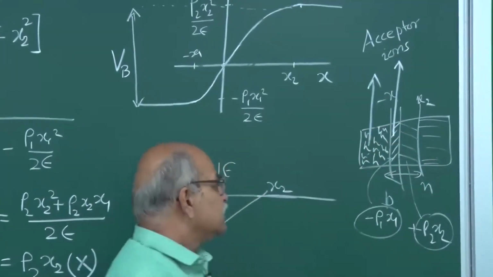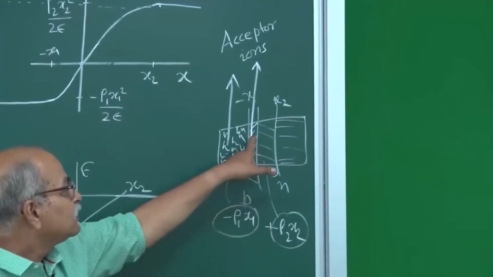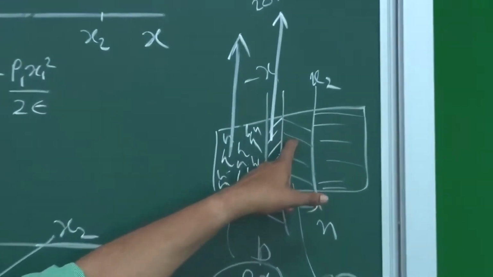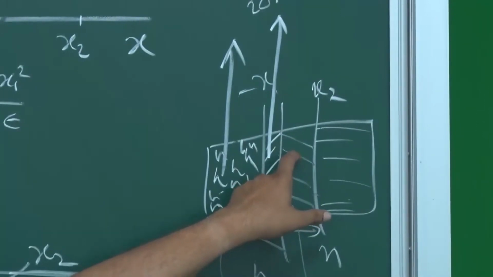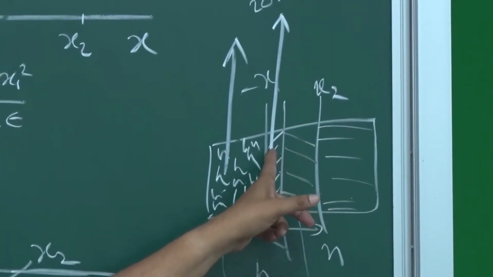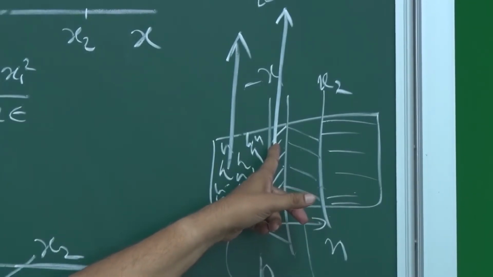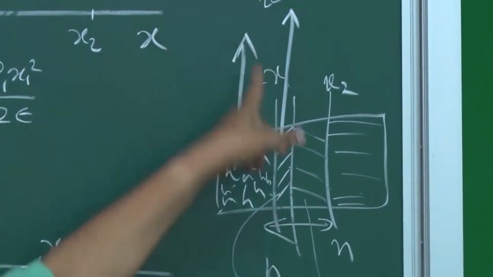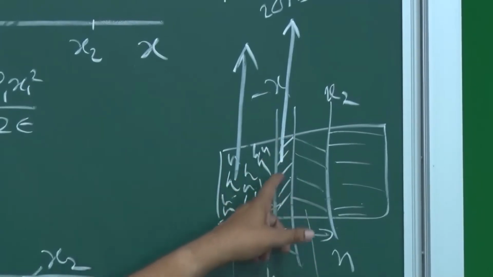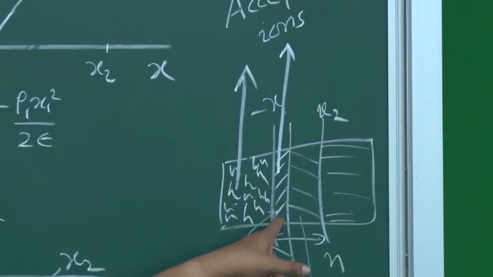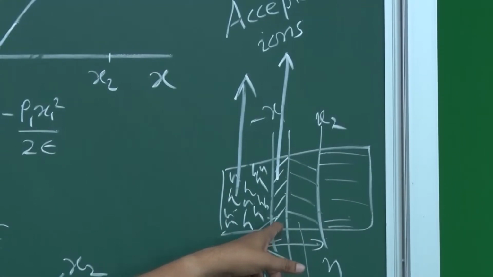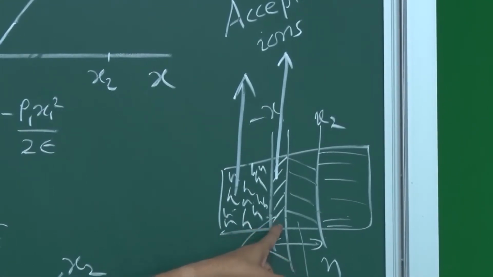There is a charge neutrality, and here the holes have migrated to this side and recombined with the electrons, or electrons have come here and recombined. This charge carrier has gone. So those ions which are there, those will still remain there. The hole has moved and recombined and has gone away.